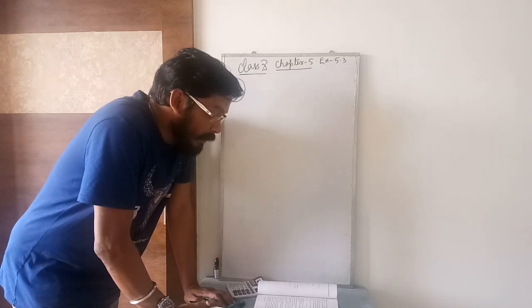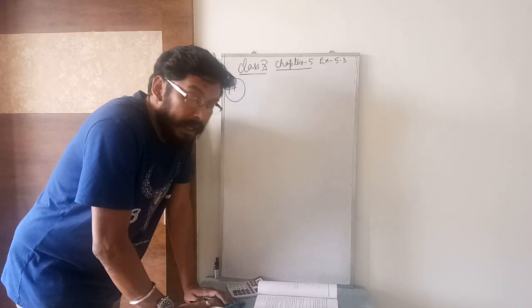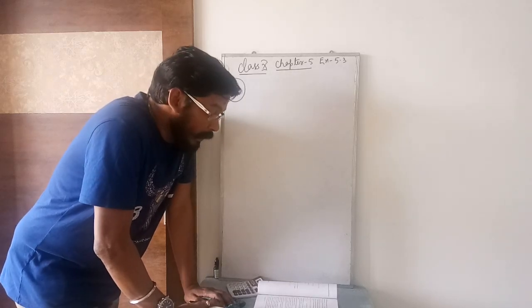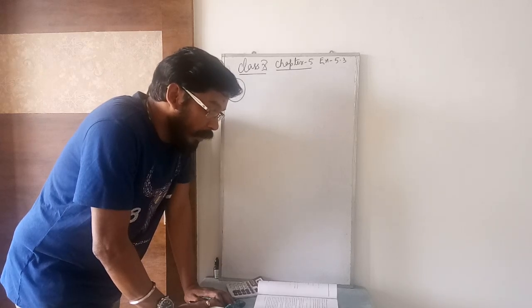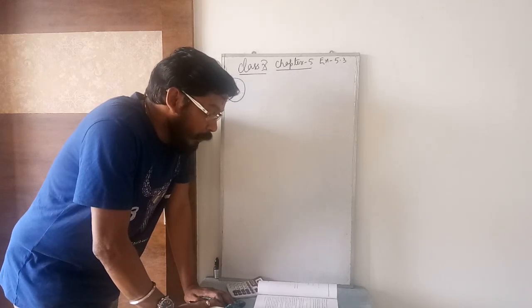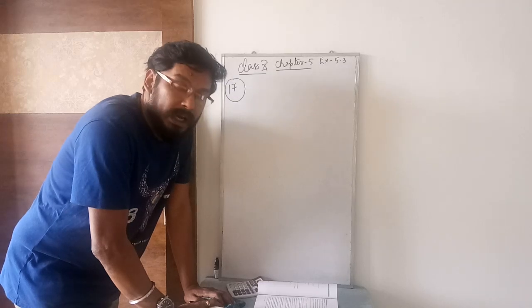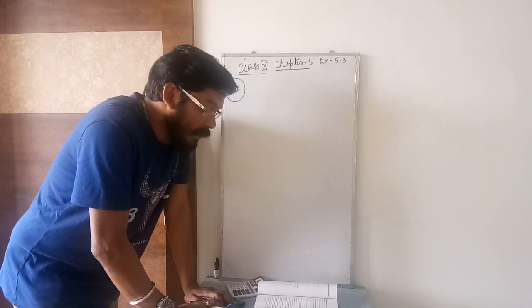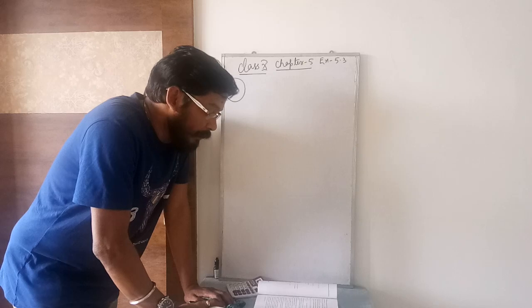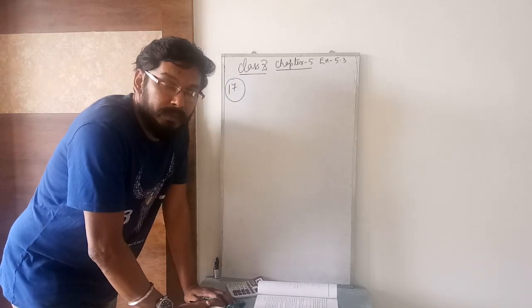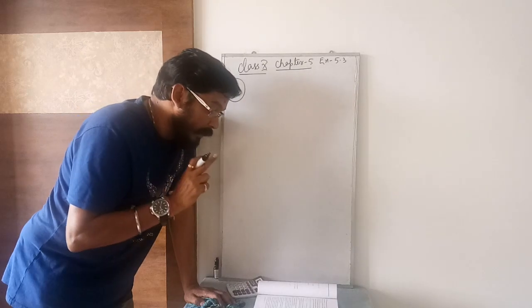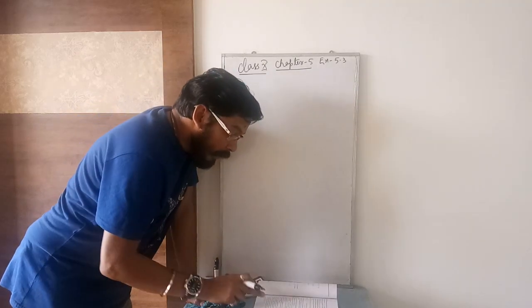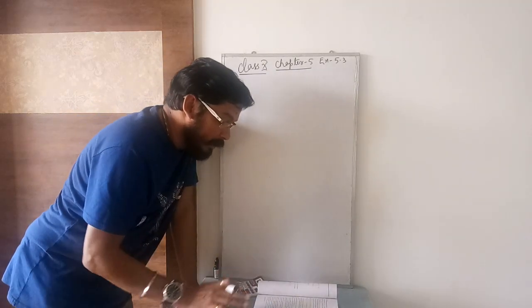It was decided that the number of plants that each section of each class will plant will be the same as the class in which they are studying. Example, a section of class 1 will plant 1 tree. Class 1 is having, they did not mention, later it is mentioned.